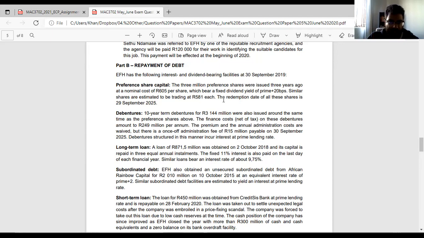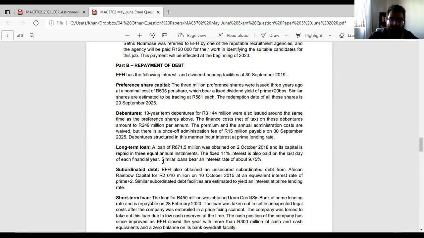Okay, so then we have long-term loan. A loan of 875 was obtained on 2nd October, and its capital is repaid in 3 equal annual installments. The fixed 11% interest is also paid on the last day of each financial year. Similar loans bear an interest rate of about 9.5.